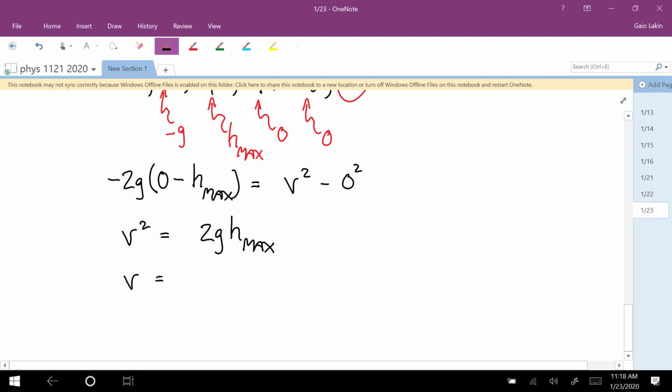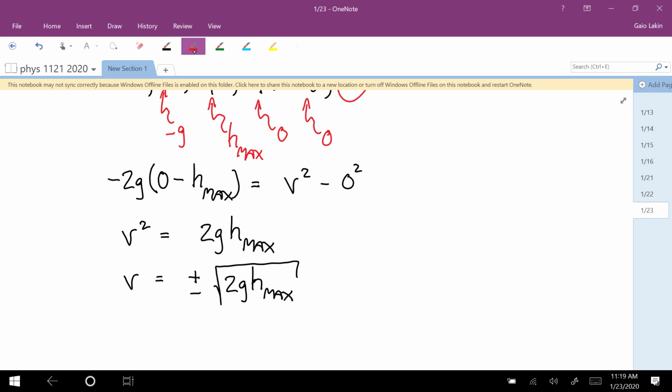Take the square root, and v is equal to plus or minus square root of 2g h max. This is representing the velocity right before it hits the ground. So is this v positive or negative? Negative, because it's on the way down, which is the negative direction.